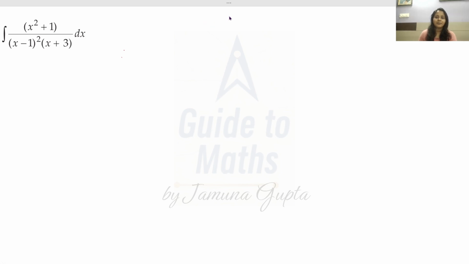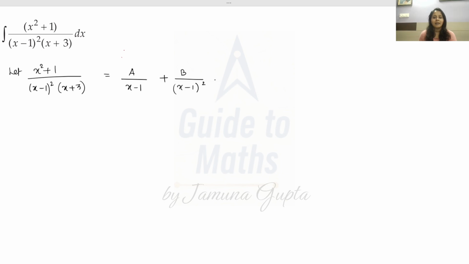So we will assume x square plus 1 by x minus 1 whole square into x plus 3 as a by x minus 1, plus, don't take it as x minus 1 whole square, next one it will be b by x minus 1 whole square, and then c by x plus 3. So take LCM and cancel the denominators.